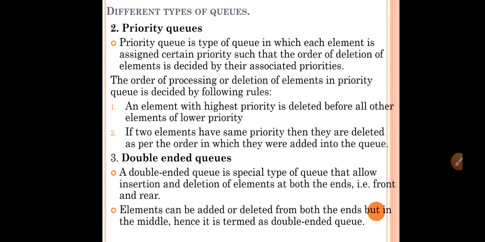Okay, so next one is the double-ended queue. A double-ended queue is a special type of queue that allows insertion and deletion of elements at both ends, that is front and rear. We can insert the element from the front end, or we can insert the element from the rear end. Okay, so elements can be added or deleted from both the ends, but not in the middle, hence it is termed a double-ended queue.